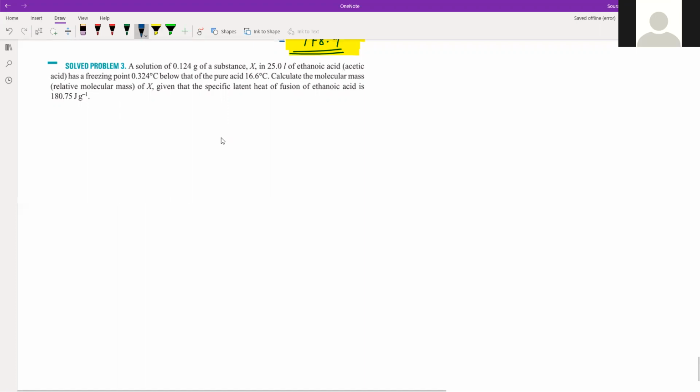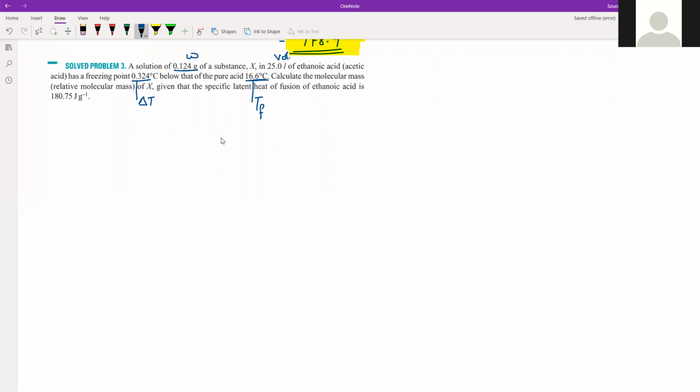So this 16.6 degrees is the freezing point of pure acid, and this is actually our delta T. This is T of pure liquid. What else do we have? This we have is weight, and this is actually volume of solvent.